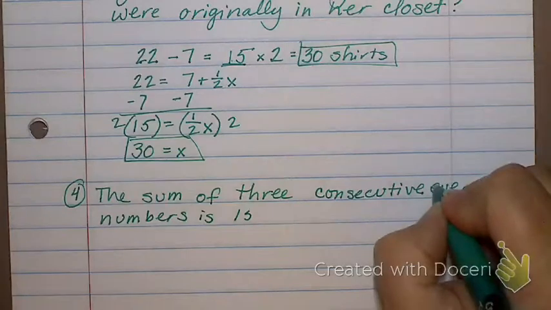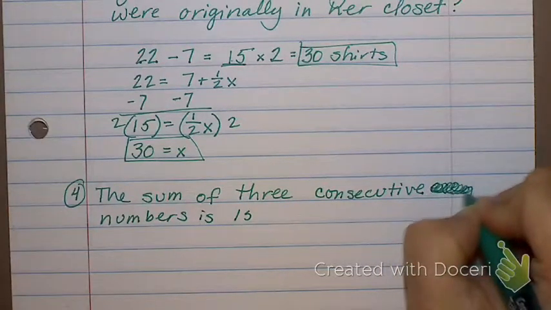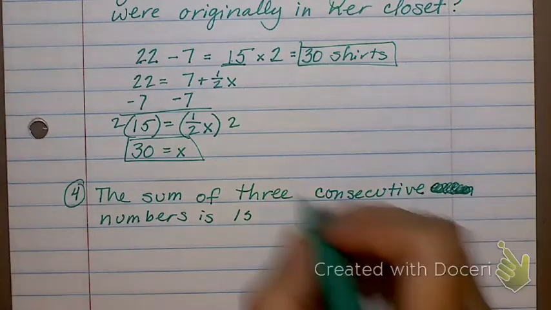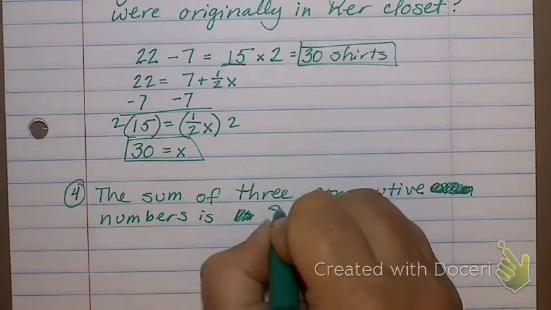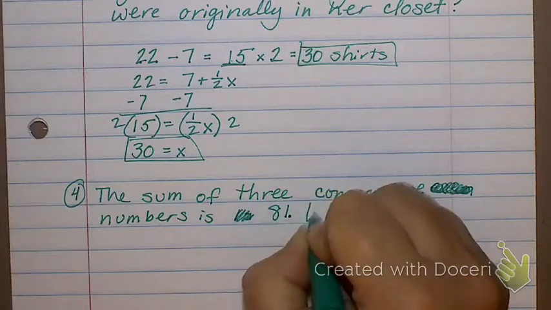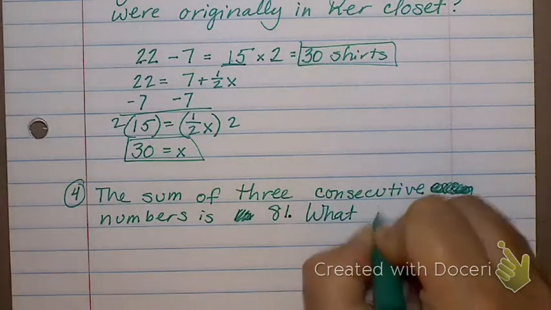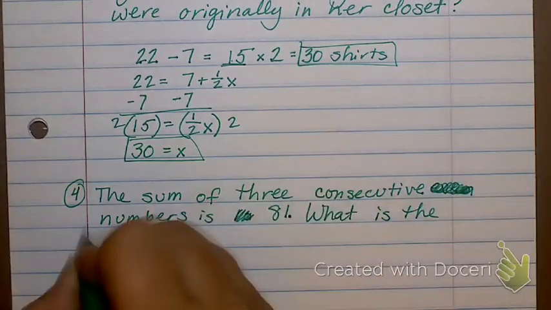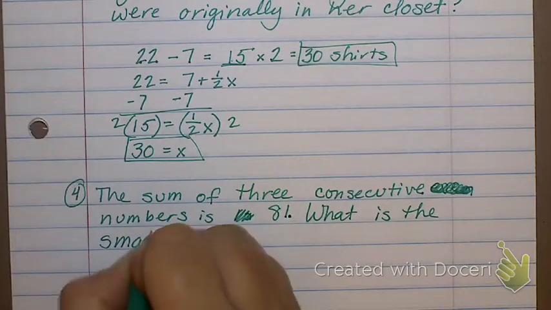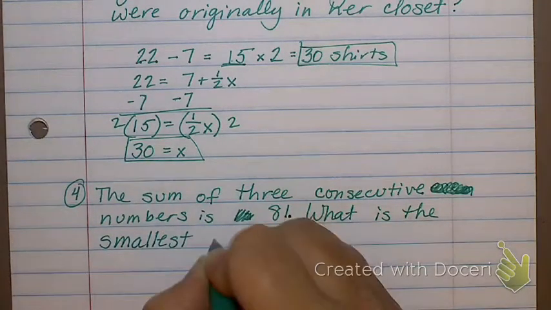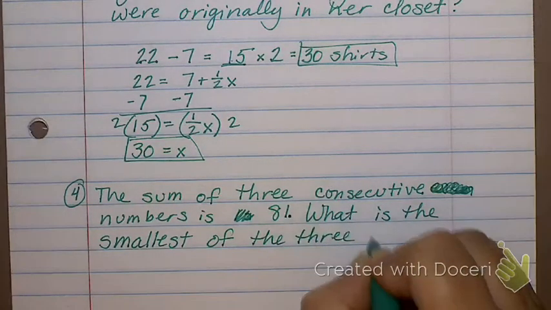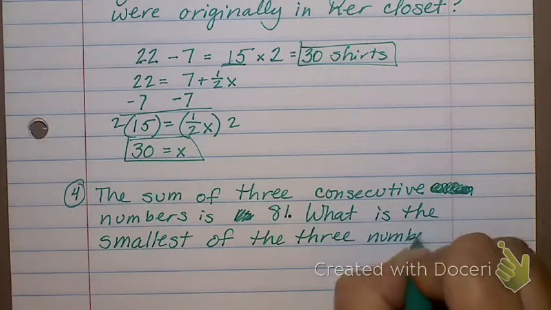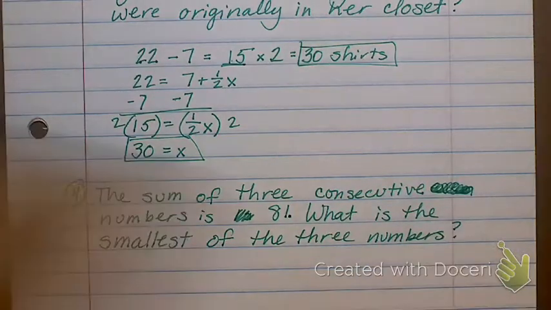Hang on. Take out the word even here. The sum of 3 consecutive numbers is 81. This is one of my favorite types of questions.